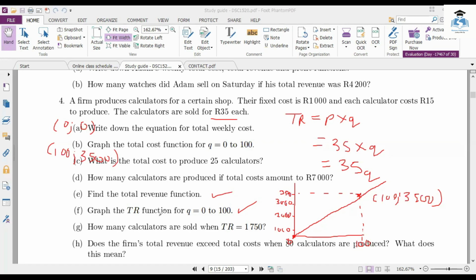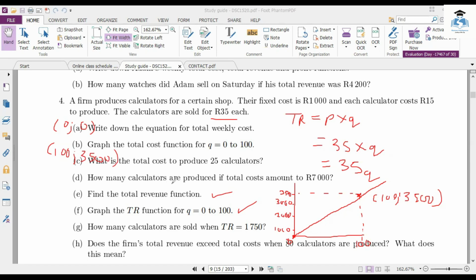In that scenario, you need to know how to plot a graph. What I would advise, like what I'm doing: if Q is equal to 0, I put my coordinates here. If Q is equal to 100, I put my coordinates here.